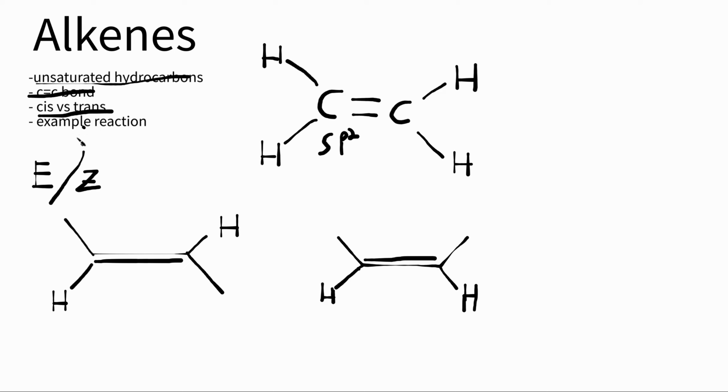E and trans are the same. Zusammen means together, so Z and cis are the same. Essentially, that same or opposite is referring to the highest priority groups on this double bond right here. So if you look, I have a methyl group here and a methyl group here.